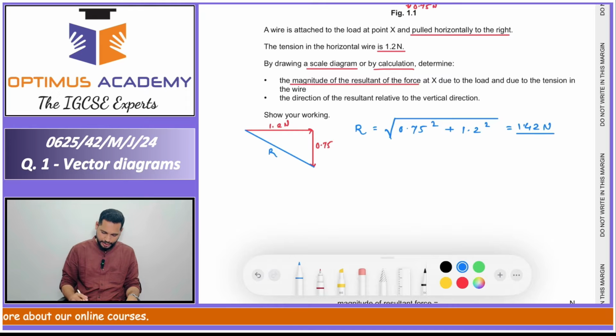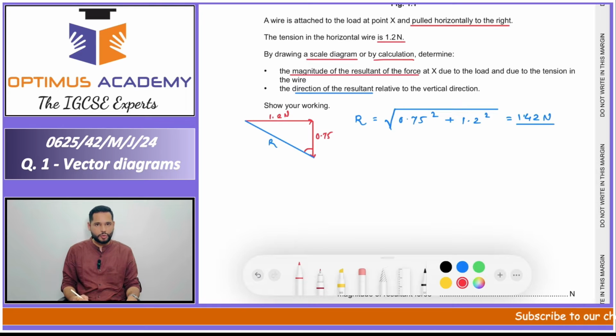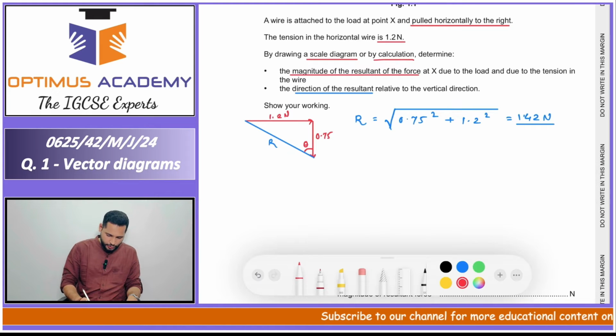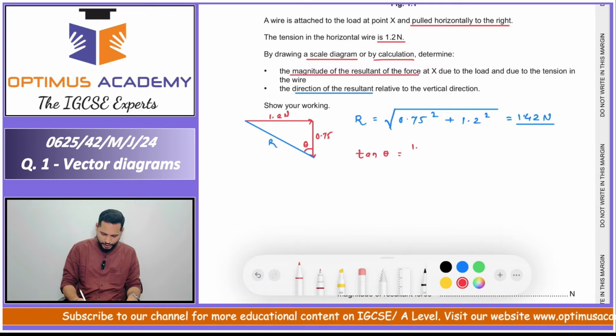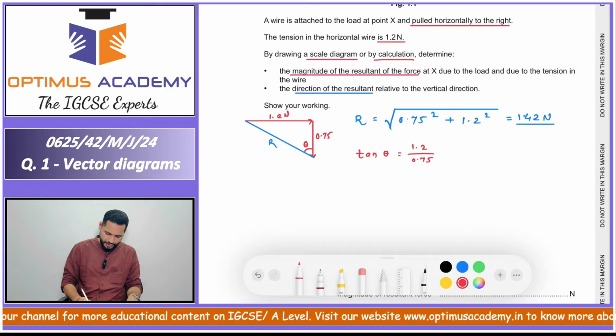The other thing that they are asking us to find out is the direction of the resultant relative to the vertical. So we are supposed to find this angle. The vertical force is 0.75 Newton. So this angle will be our angle that we are supposed to find. We can use trigonometric ratio tan theta, which is opposite upon adjacent, that is 1.2 divided by 0.75.